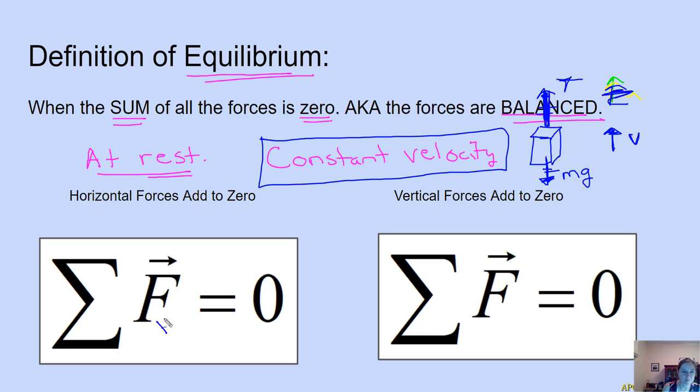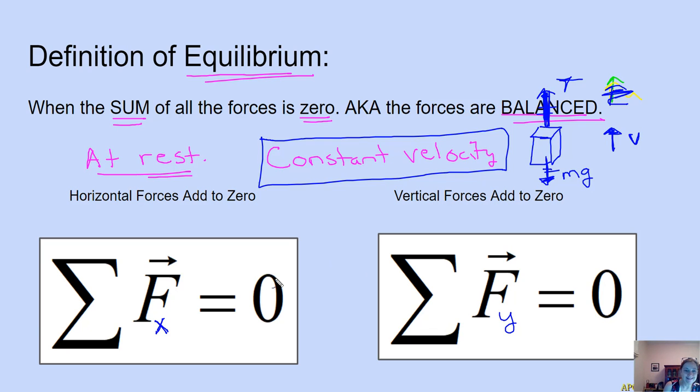All right, and I forgot the subscripts on these formulas. The definition of equilibrium implies if it's constant speed or at rest horizontally, we're going to say the sum of the x forces is 0. If the forces are also balanced vertically, we're going to say the sum of the up and down forces adds to 0. This is going to give us a system of equations that we're going to use to solve for what we don't know.